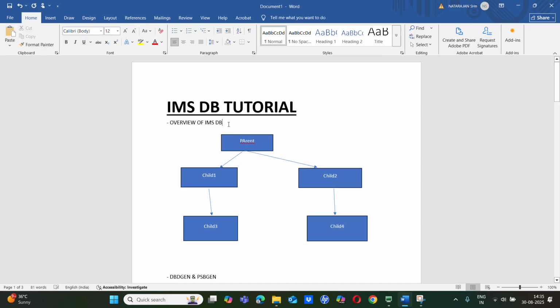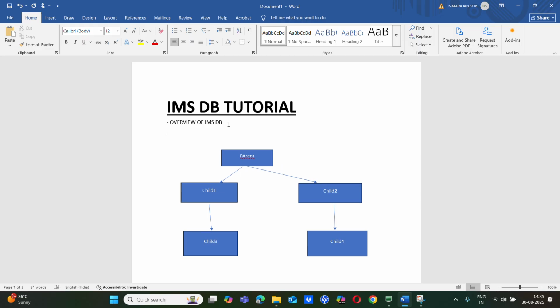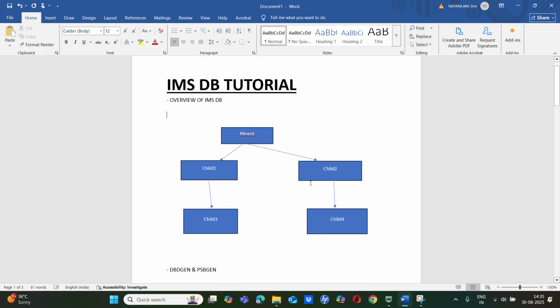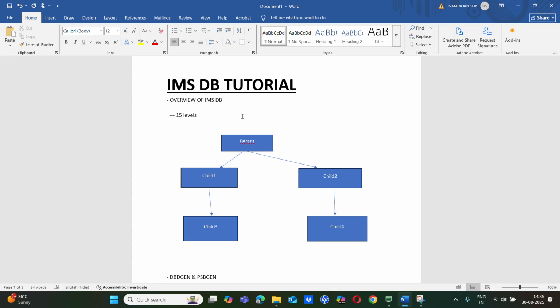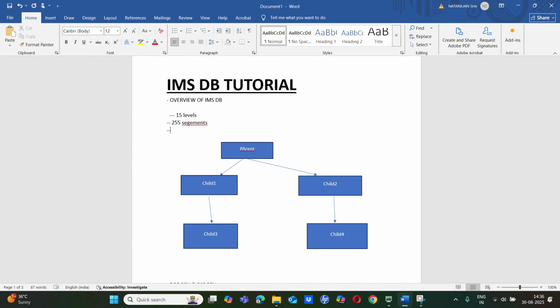Before going deeper, IMS DB can have 15 levels, and the whole DB can have a limit of 255 segments, 15 levels, and 1000 fields. A DB can't have more than that.